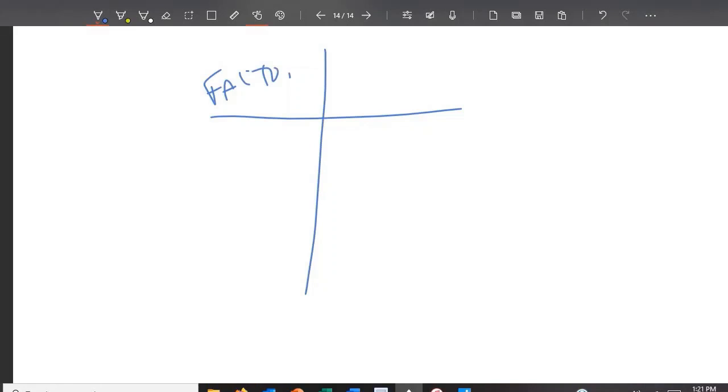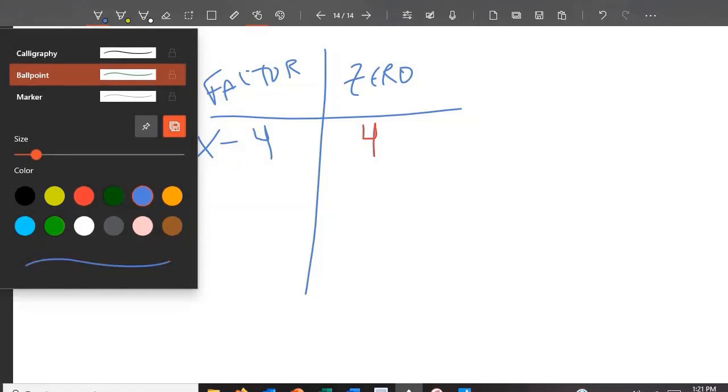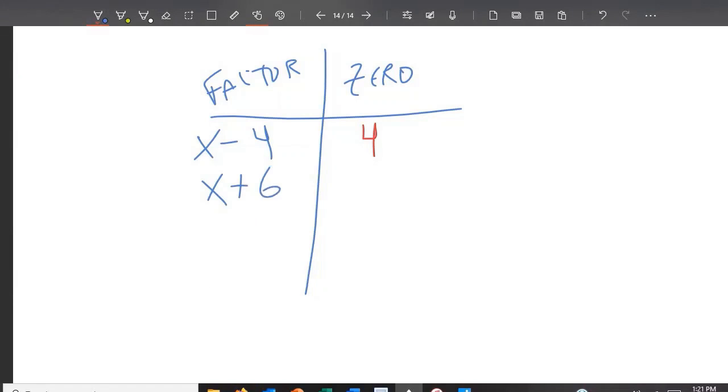So let me come over here and I'll draw a little table. On one side I'm going to put factor, and on the other side I'm going to put 0. If I'm told x minus 4 is a factor, that means 4 is my 0. If I'm told x plus 6 is a factor, negative 6 is my 0.